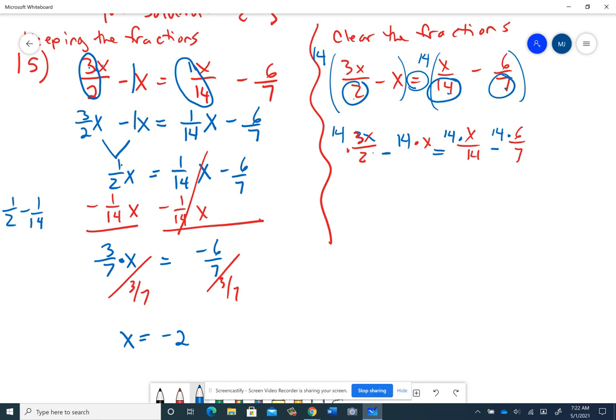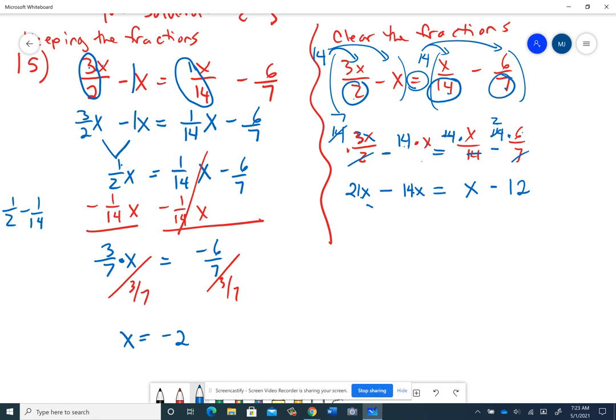So 2 goes into 14 7 times. This becomes 21x minus 14x. You still have to multiply that x by 14 even though there's not a denominator, because it's so important to distribute to both terms. Here the 14 would cancel out and we'd have just x. Here 7 would go into 14 twice and then 2 times 6 would give us the 12. So now we've turned it into the kind of problem we did earlier.